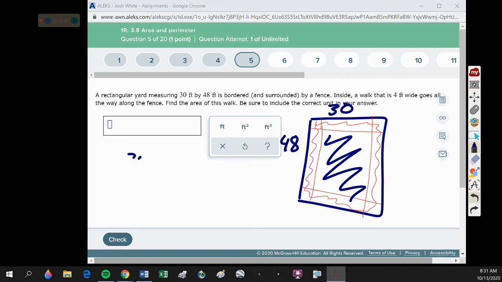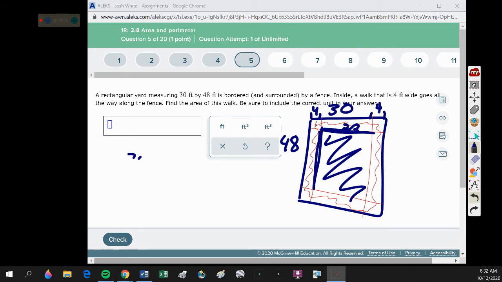How are we going to figure that out? Good. So how long is this right here? Less than 30, good. 22. How'd you get 22? Right, this is a 4, and this is a 4, so this would be 22.